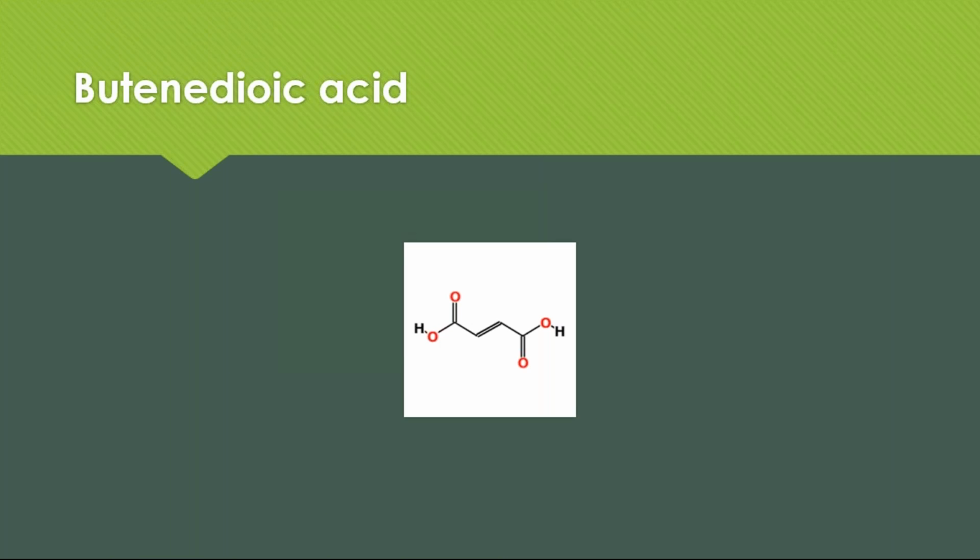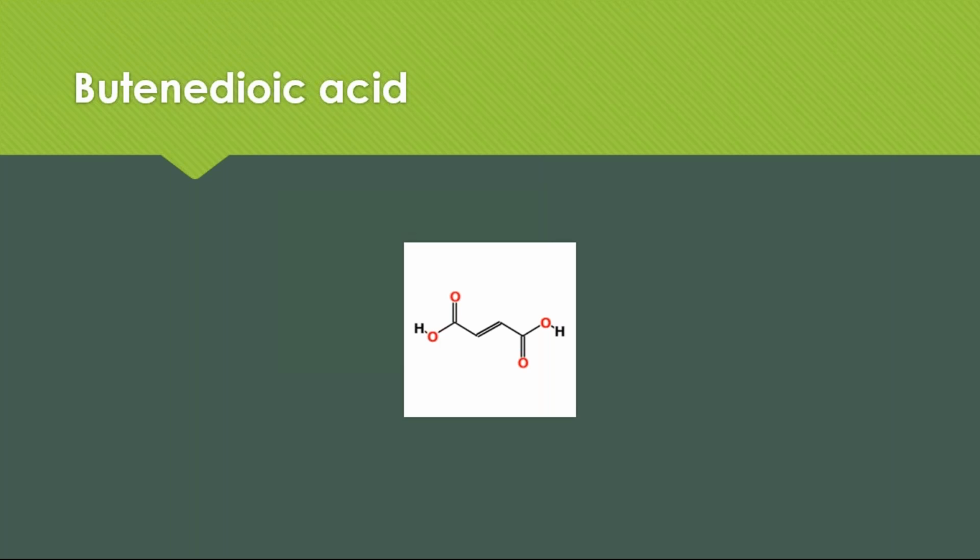So next, butenedioic acid. In this case, can we have a geometrical isomer? Yes, ma'am. Why? Because we have two different groups attached to the double-bonded carbon.